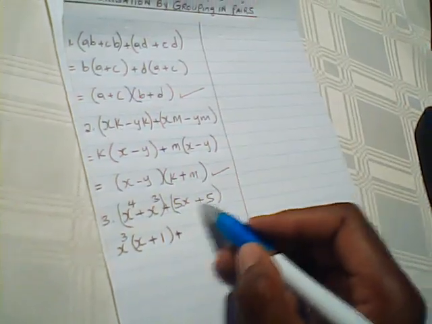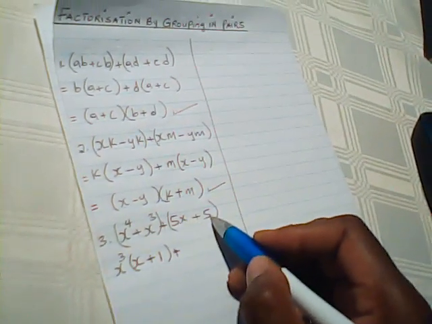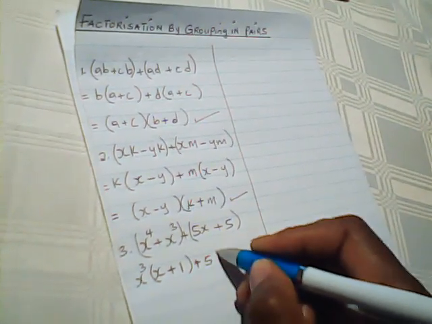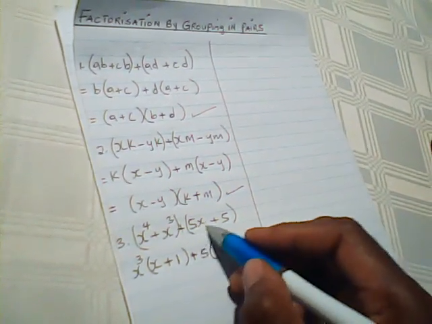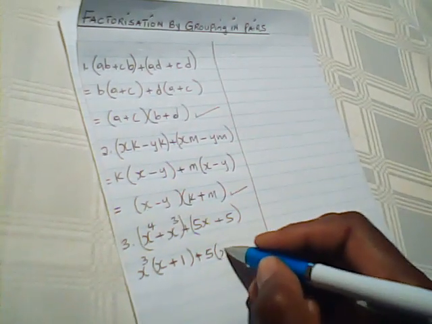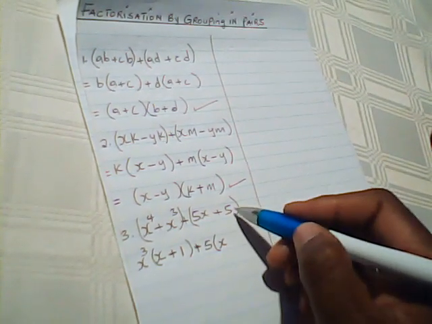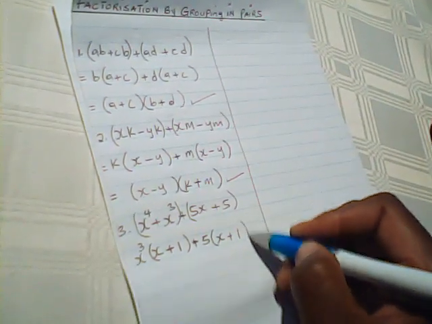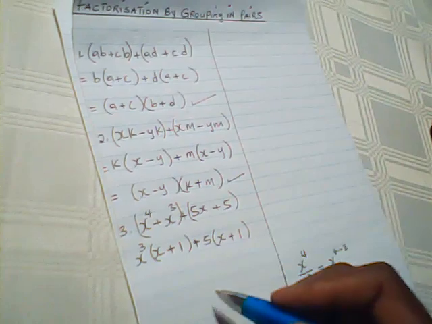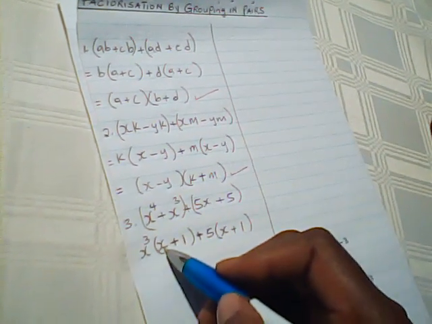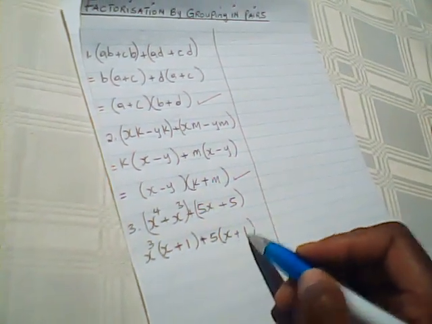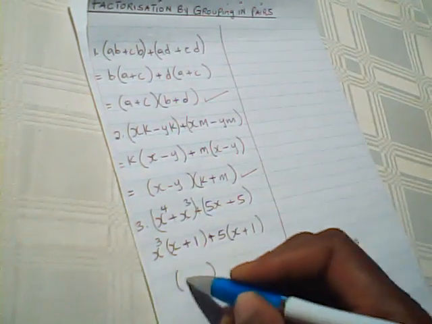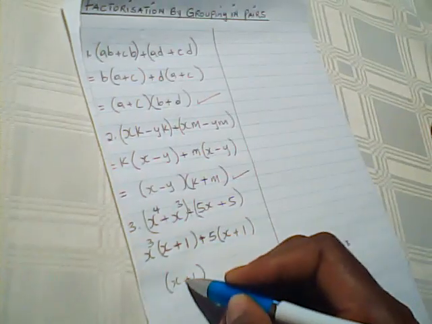Take out common factor here, 5x plus 5. What is common is 5. Open up brackets. What are you left with here? X. Then 5 divided by 5, the answer is 1. Then now you say, okay, I've got x plus 1, x plus 1. I will take one of each, which is x plus 1.